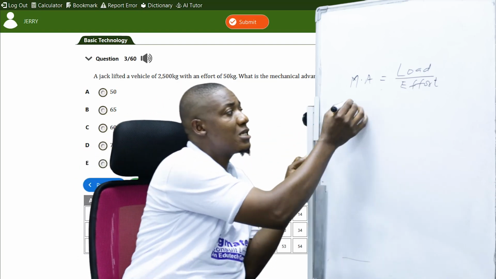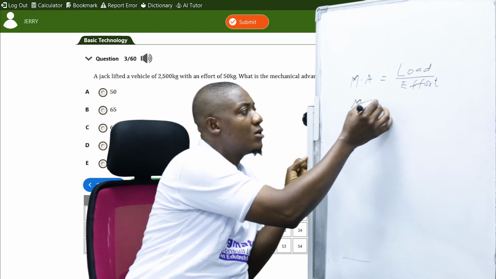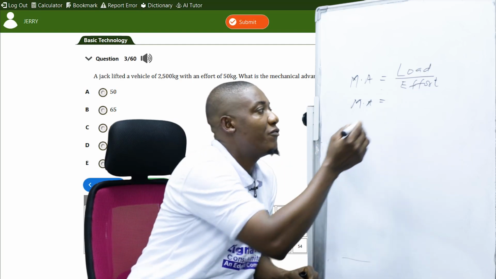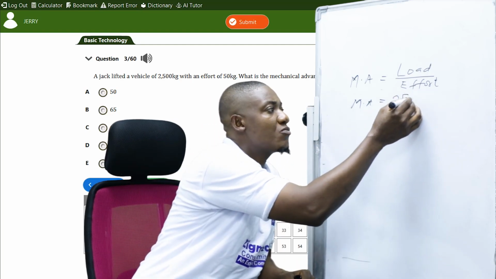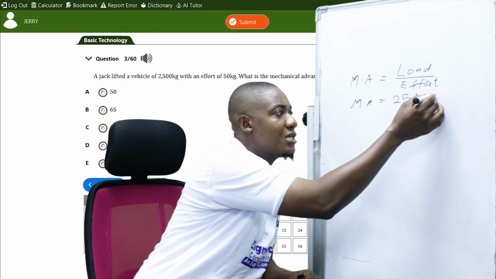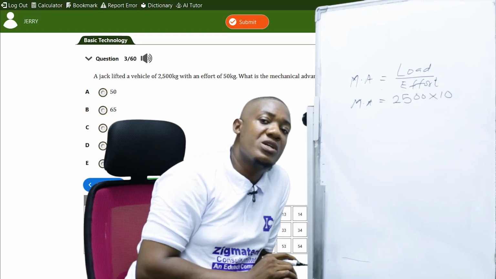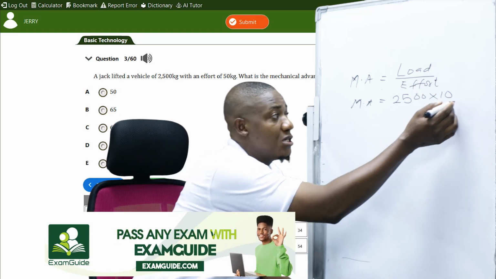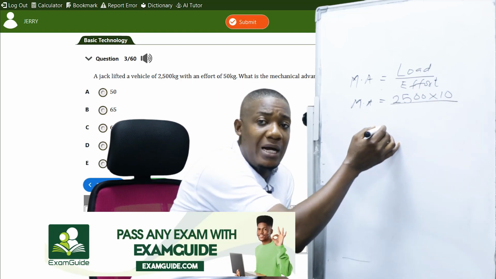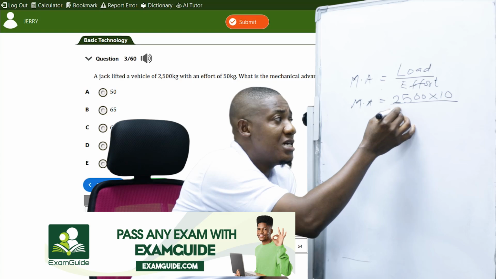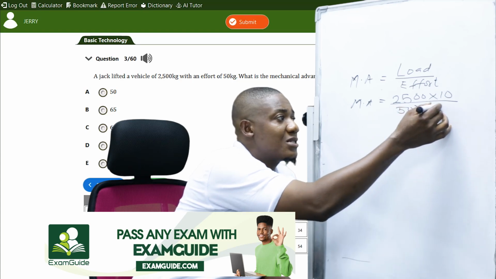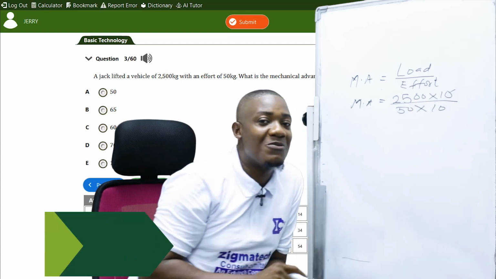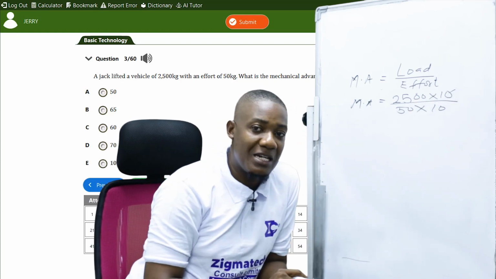So in this case, for MA, the load will be the weight of the vehicle. So this is going to be 2,500 times 10, which is for acceleration due to gravity, all over the effort applied. The effort applied here is 50 times 10. Are you not seeing that this 10 can take care of this 10? So we'll still solve and get our answer.